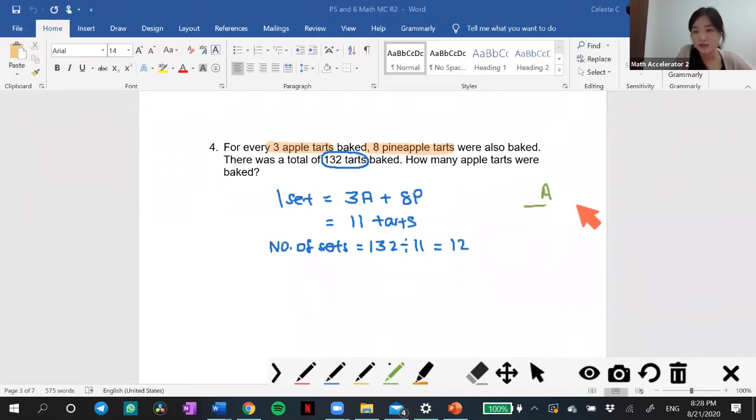Looking at apple tarts, in one set you have 3. So 12 sets times 3. Yep, so that's how you get your 36 apple tarts.